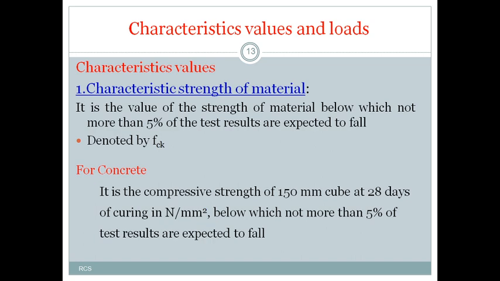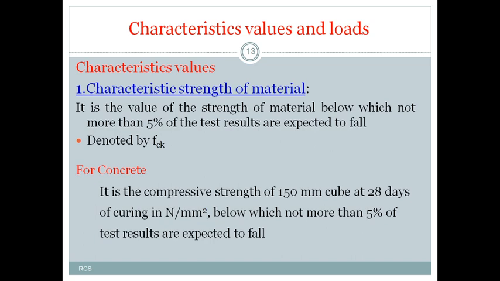That means if you take 100 samples, there may be a given tolerance that maybe 5% of test results may fail, and the remaining 95% of test results must pass to calculate the characteristic strength of a particular material.